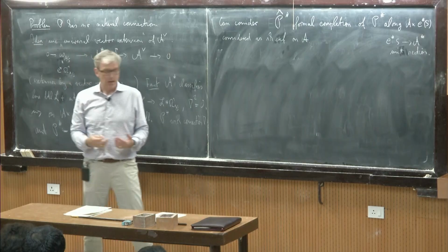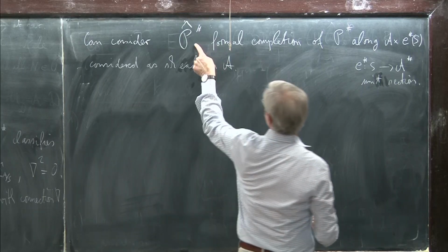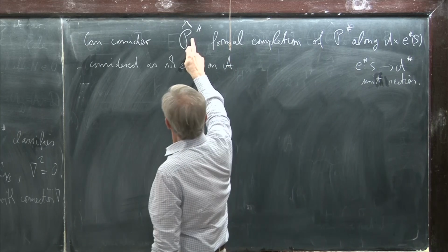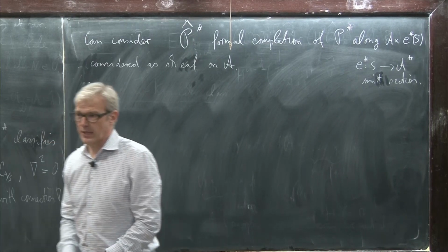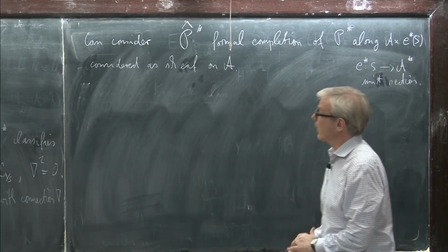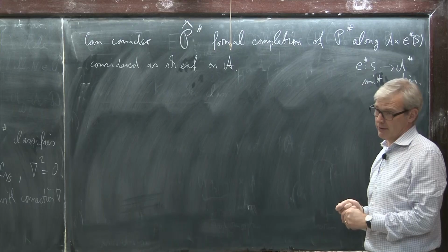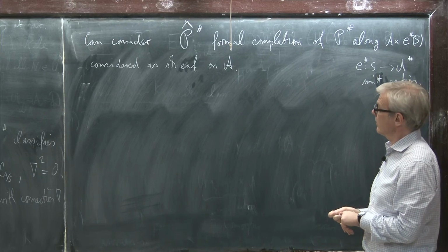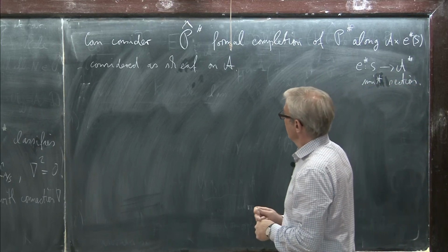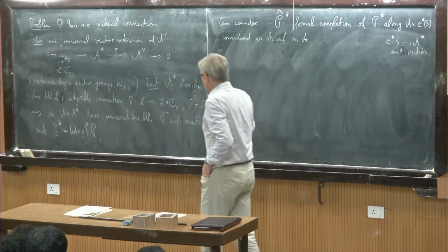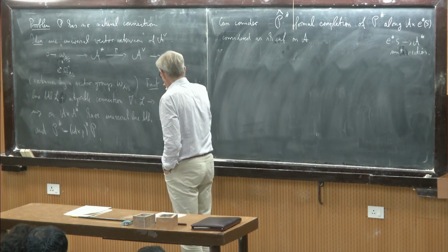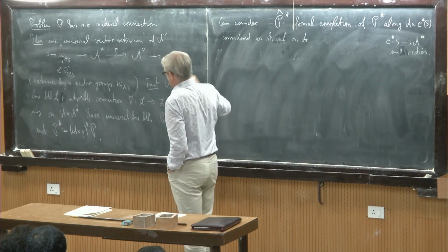And that's exactly this, together with the connection, which you still have on this formal completion. And one can prove that this is really the logarithm sheaf in this theory. So that is the right analog.